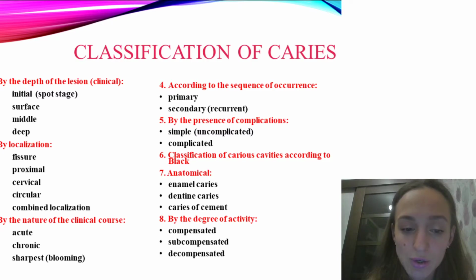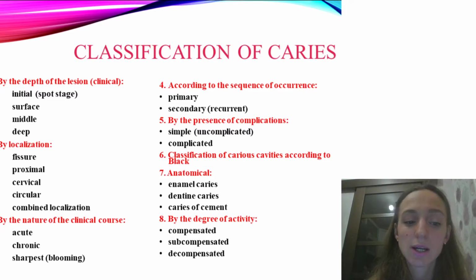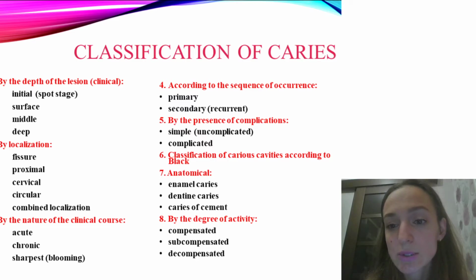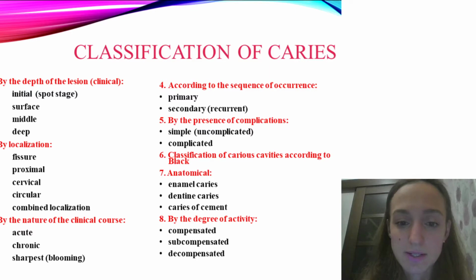By the nature of the clinical course, it can be acute, chronic, and rampant or blooming. Then, according to the sequence of occurrence, it is primary and secondary caries. By the presence of complications, it can be simple and complicated.